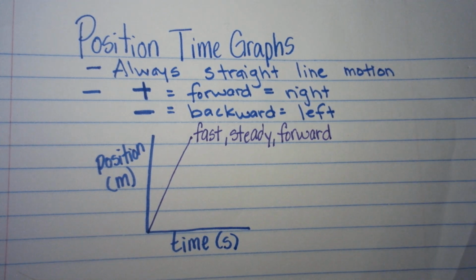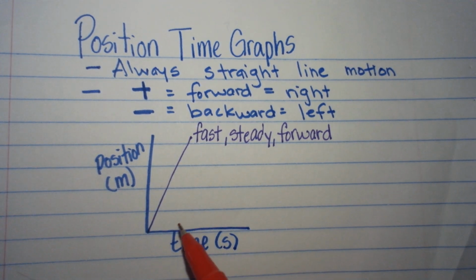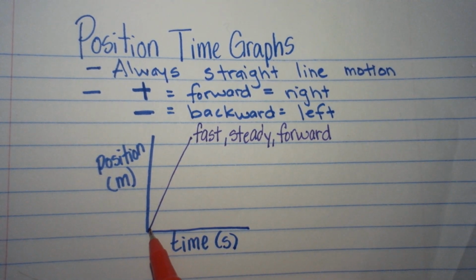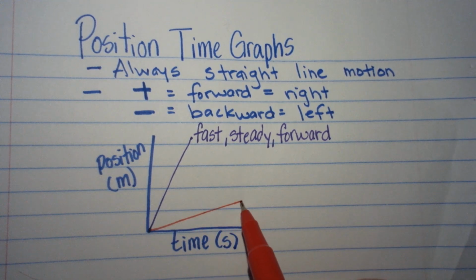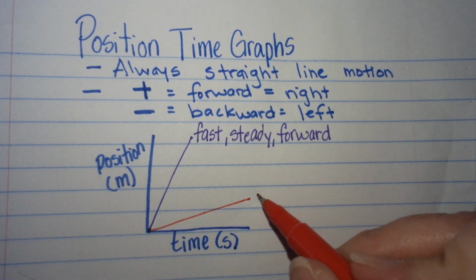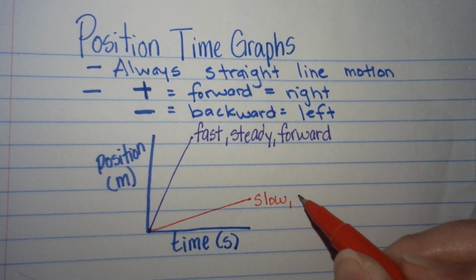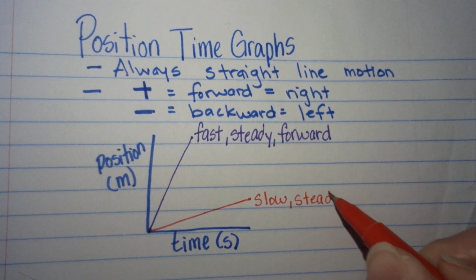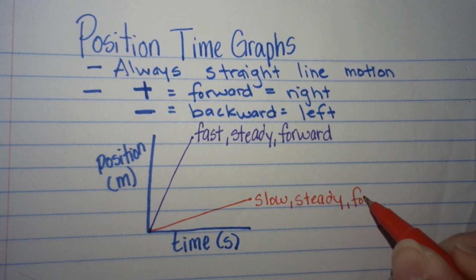If I have a line that doesn't have a very high slope, what could I say about that line? It's moving slow, steady, and forward.